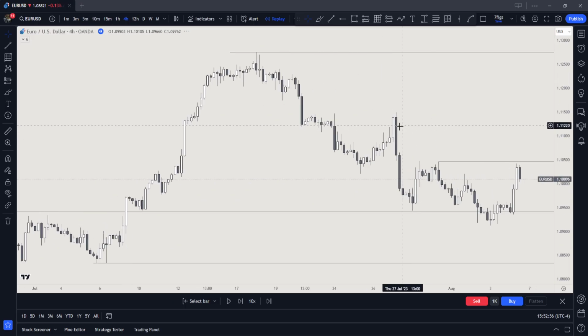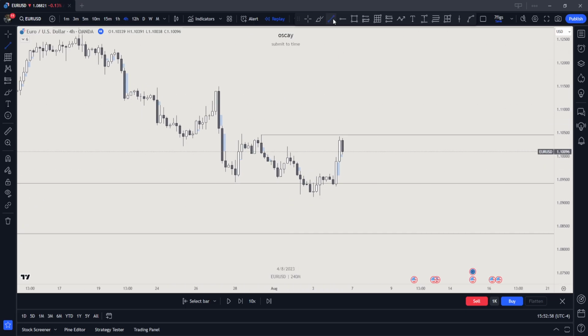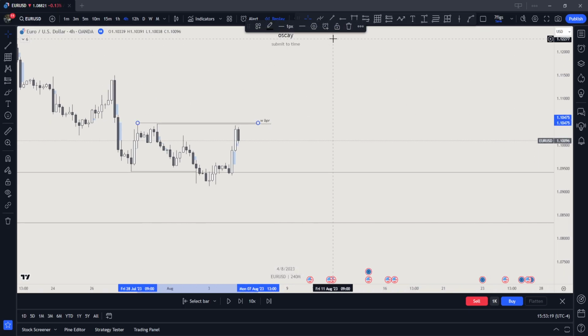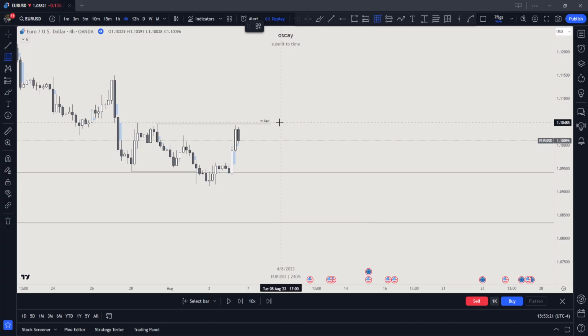Let's continue with identifying our ranges. So we broke here. This is our new range. But marking ranges is so annoying. I'm just going to do it like this.